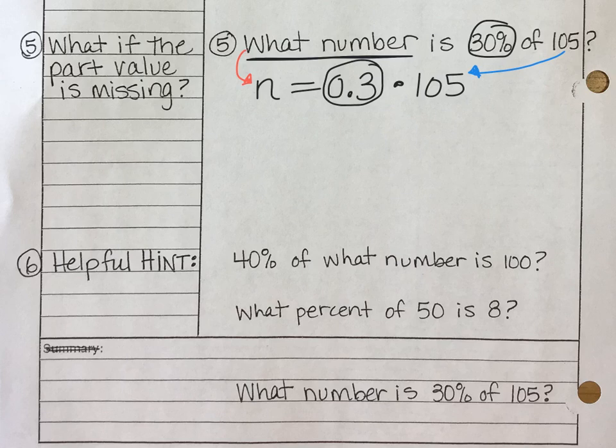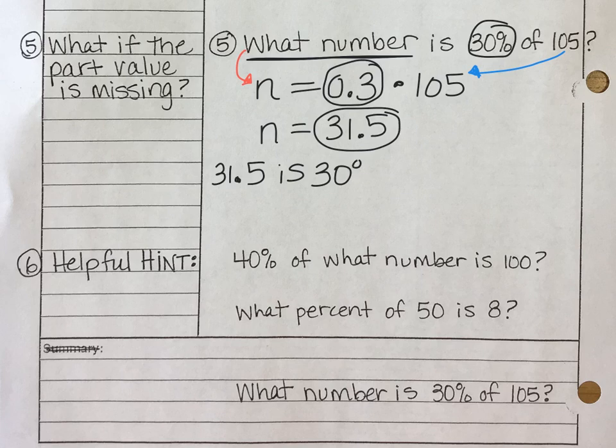So to solve this, I simply need to multiply the 3/10 times the 105, and I get 31 and 5/10. Therefore, 31 and 5/10 is 30% of 105.